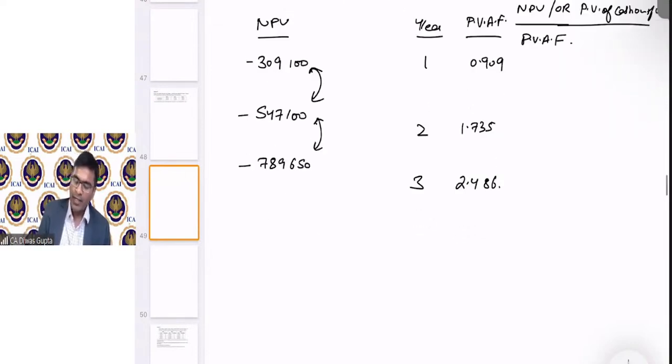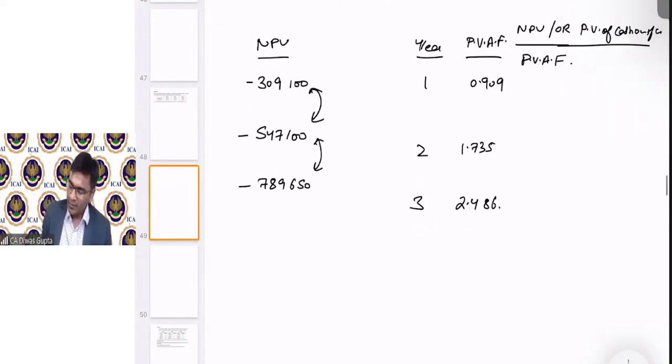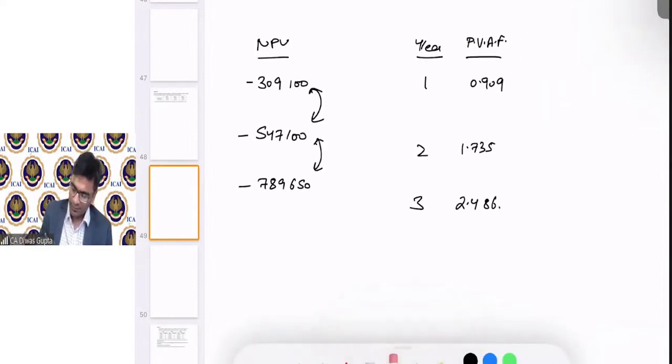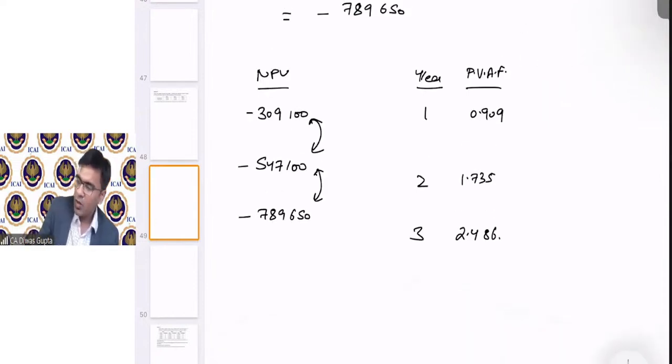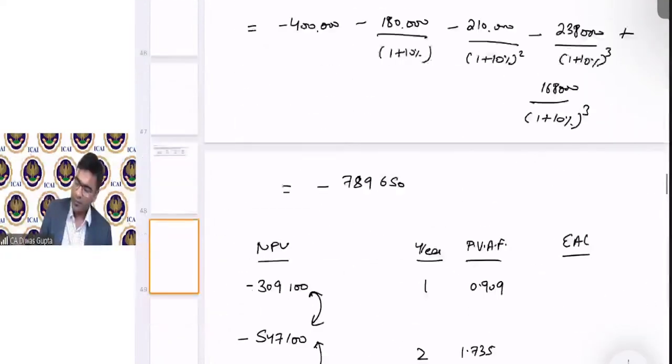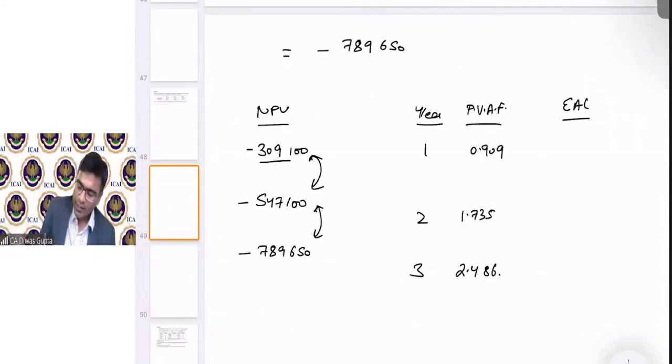Now, once we do that, we will just take a simple division. So this is called EAC, right? Equivalent annual cost. So we just simply divide 309 divided by this, 547 divided by this, and 789 divided by this.